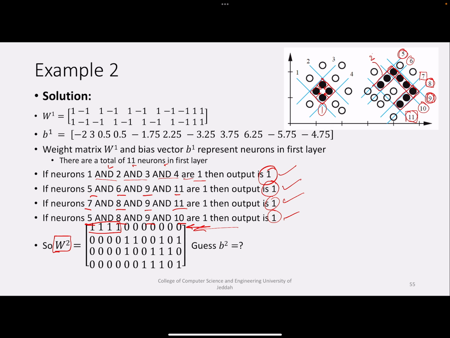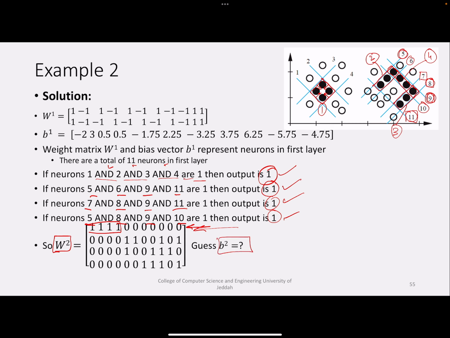The second row was this bounded box. The third was 7, 8, 9. So this was the third bounded box, and this one over here I think was the 4th and last. I may be a little wrong on the order, but yeah.